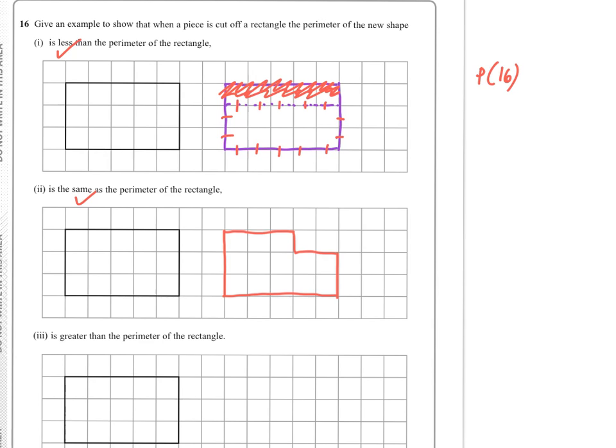Now we want one that is greater than the perimeter of the rectangle. So we'll start off with the original, like so. And we've got to cut something off. Well, let's have a go at something like so. Let's have a look.